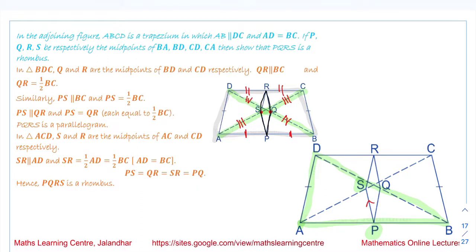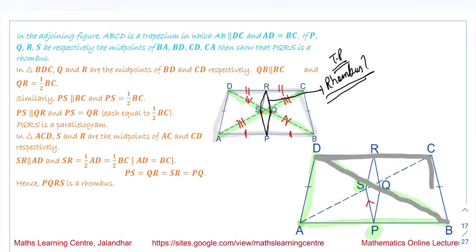We have to prove that this figure over here is a rhombus. That is, we have to prove all the sides are equal and they are parallel to each other. Now if we consider the triangle BDC, we are talking about this triangle BDC.